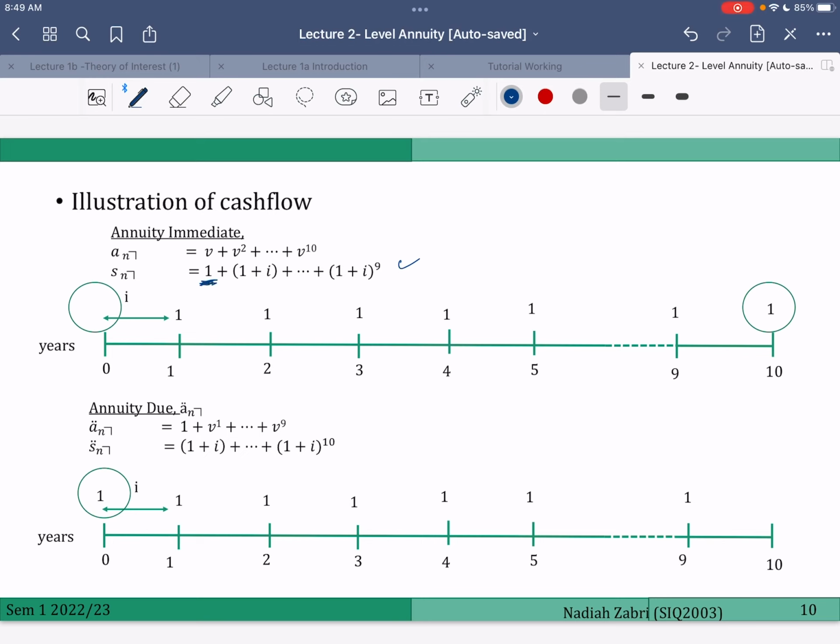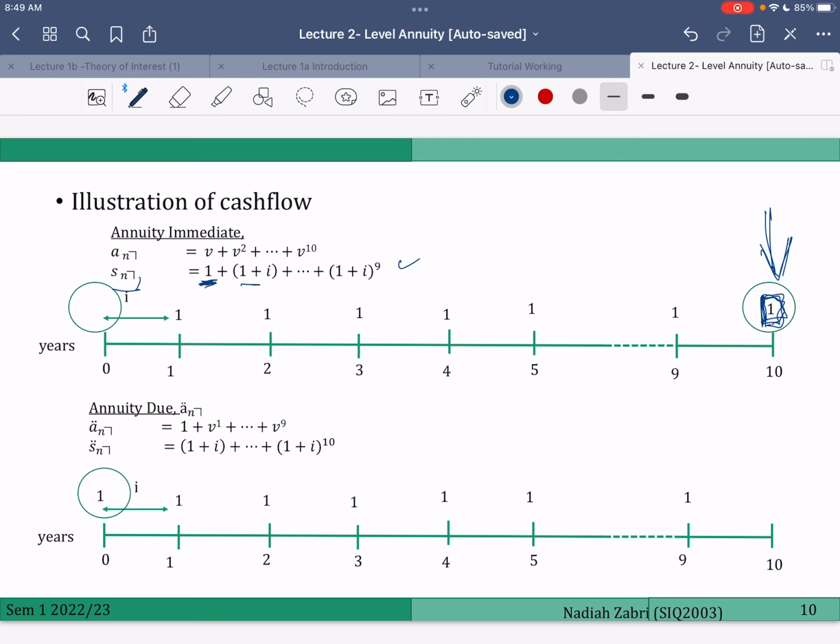When we are calculating S angle N, we are evaluating it at time 10. So this one is which payment? It will be this payment. The payment of 1 at time 10, evaluated at time 10. You just don't do anything, you just take it as 1.